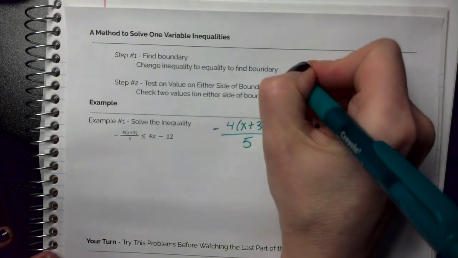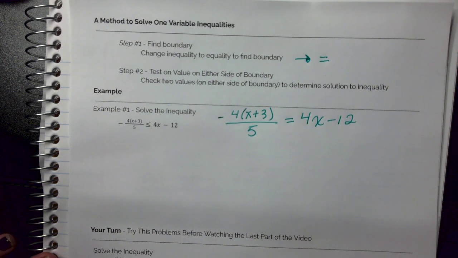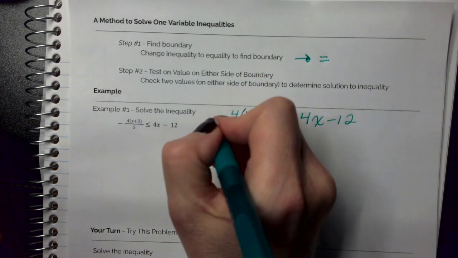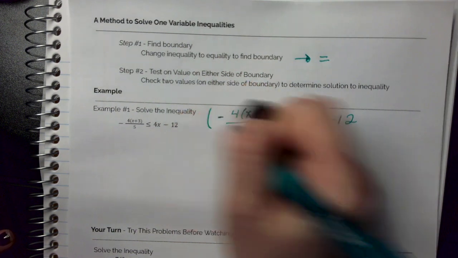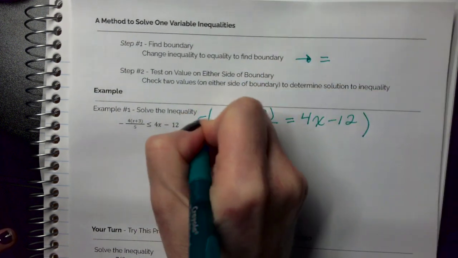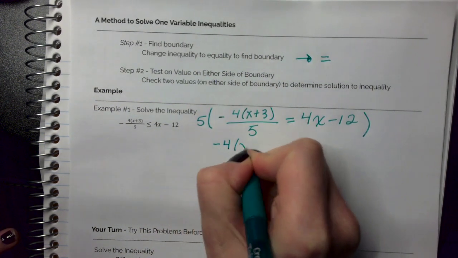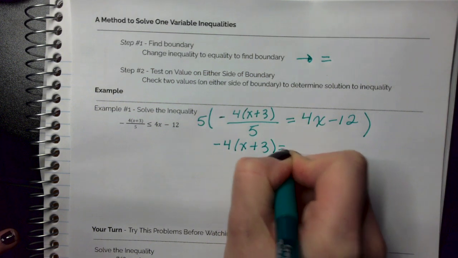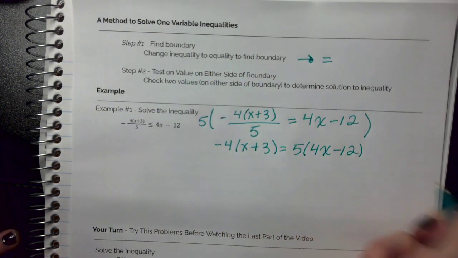We change it to an equal sign. I'm going to try to color code here. Let's solve for x. To get rid of this dividing by 5, I'm going to multiply every term by 5. So I end up with negative 4x plus 3 equals 5 times 4x minus 12.